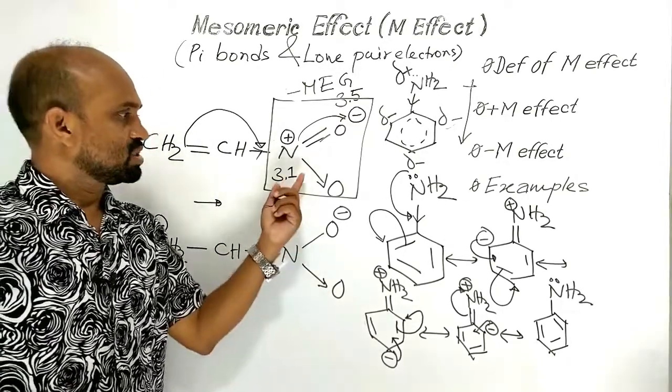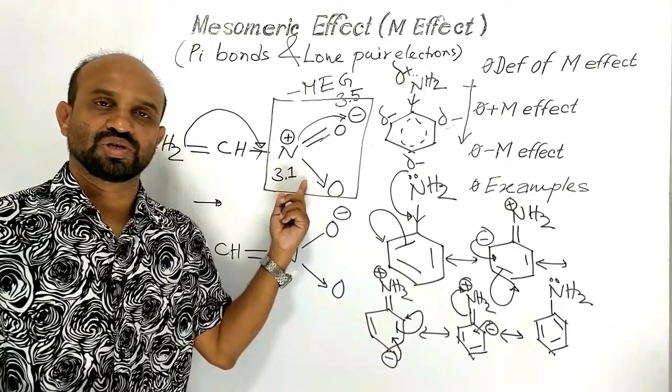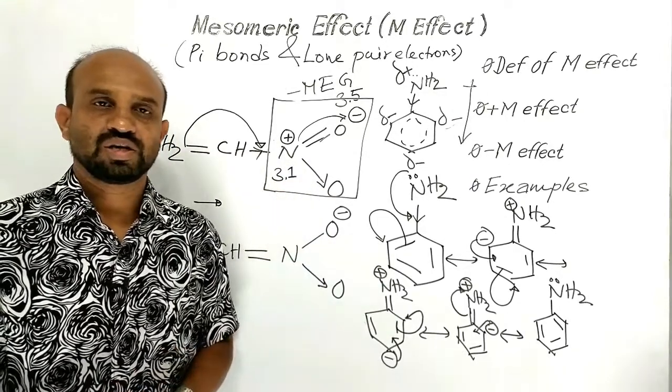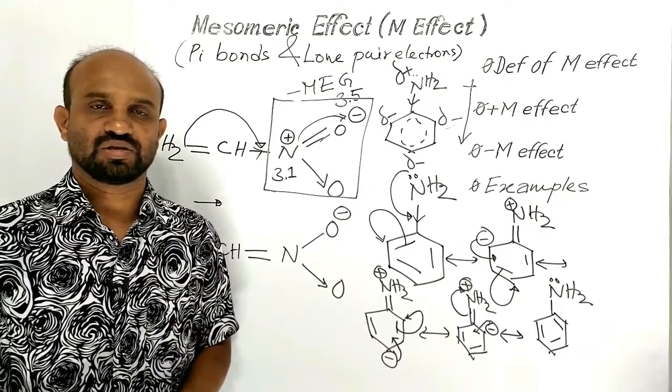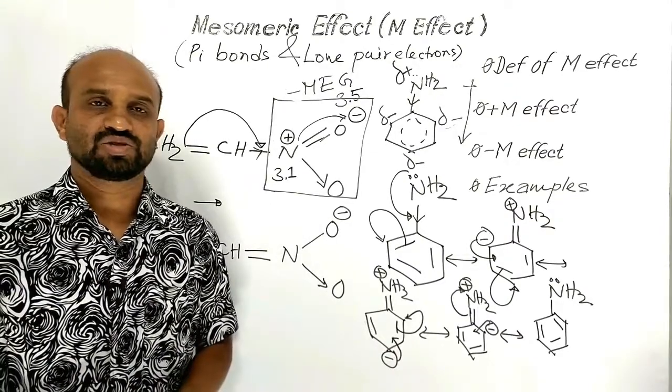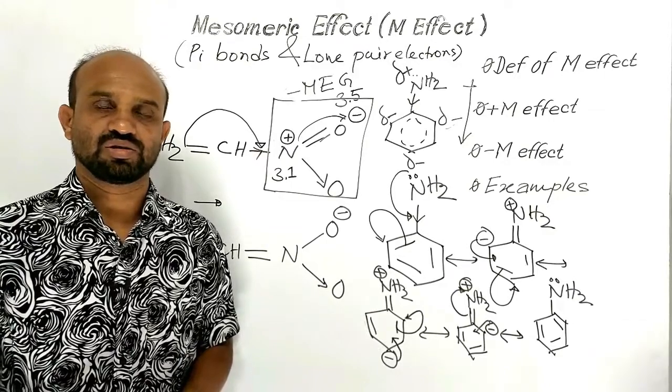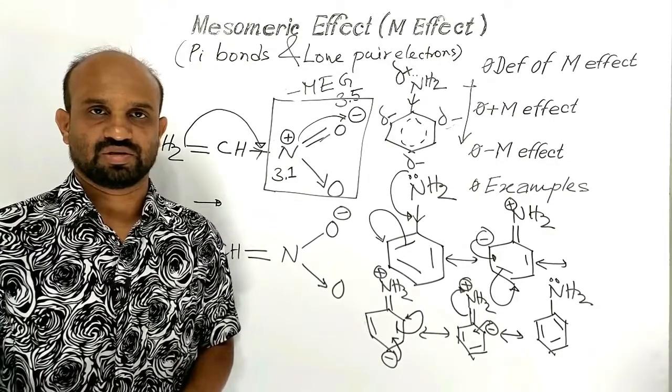So in this molecule, nitro group is called negative mesomeric effecting group, and the effect created by this group over the molecule is called negative mesomeric effect.